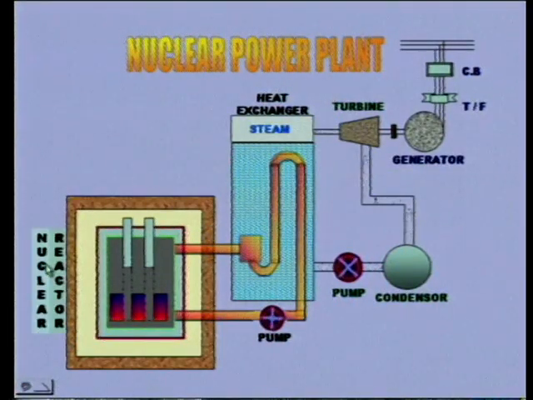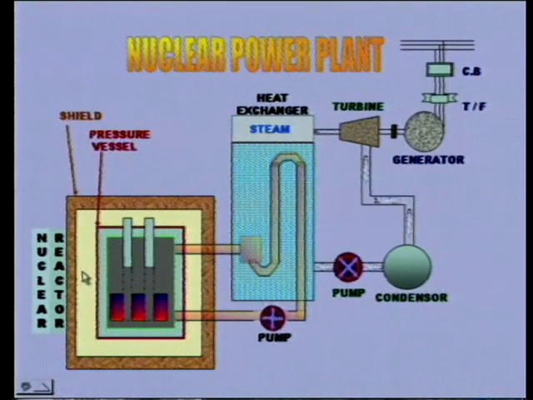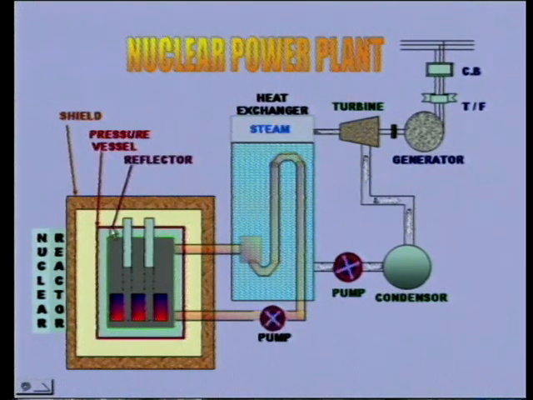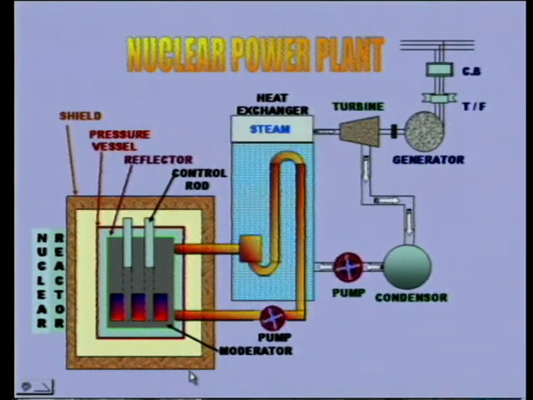In a nuclear reactor, we have the shield, pressure vessel, reflector, control rods as well as moderator. These are the important components of a nuclear reactor. Let us talk about each of them one by one.